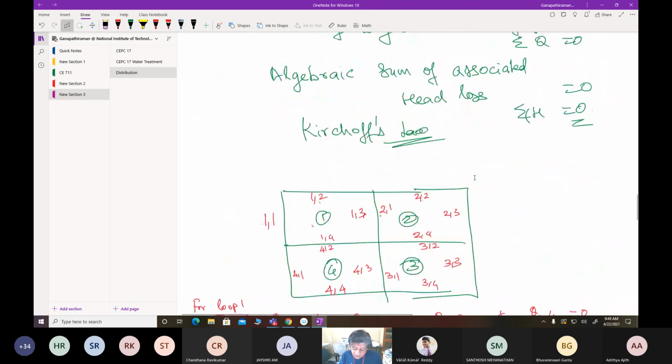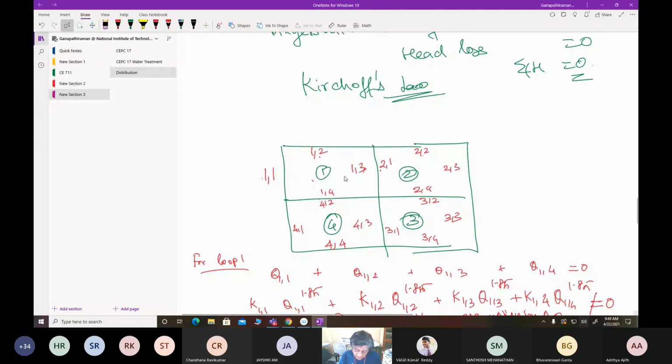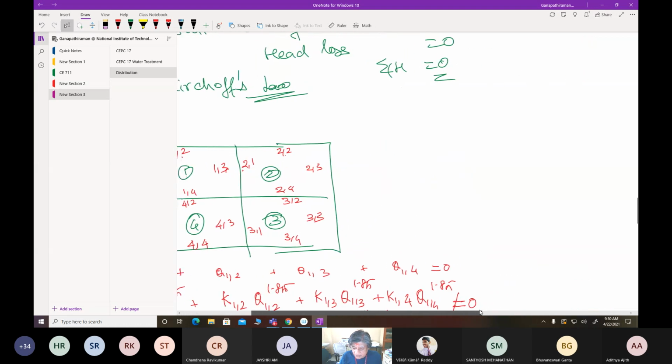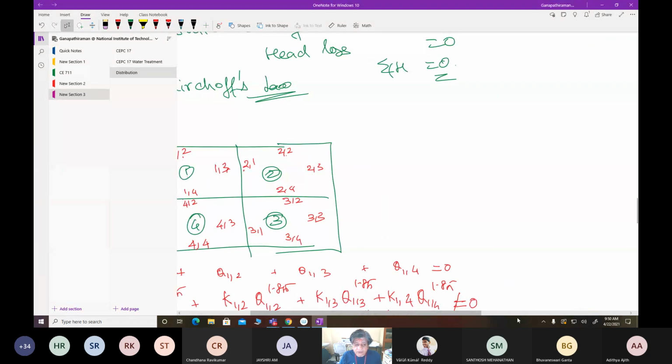Now we come back here. I assume a flow and then correct the flow. So now what is the new Q11? New Q11 equals old Q11 plus delta Q1.